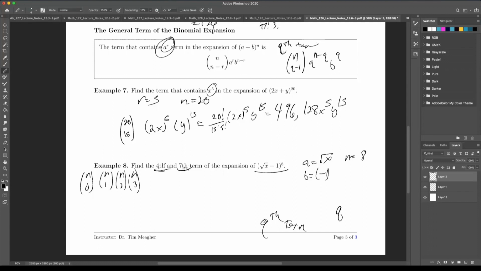So the fourth or the seventh term, notice here, we're going to take q minus 1 for this, and yeah, this works out. This works great. So if I give you two formulas, that actually makes your life easier, right? If you want the term that contains this, use this term. If you want the qth term, use this, okay?